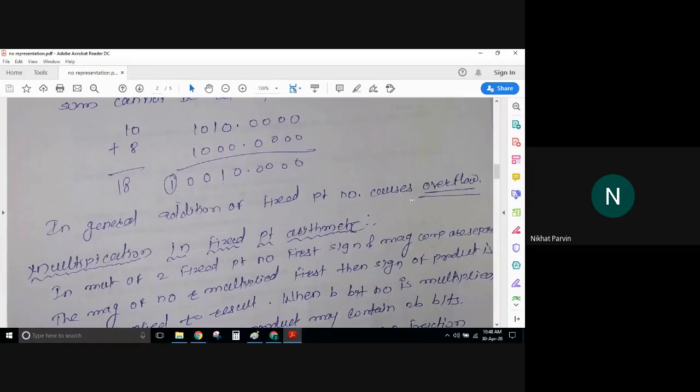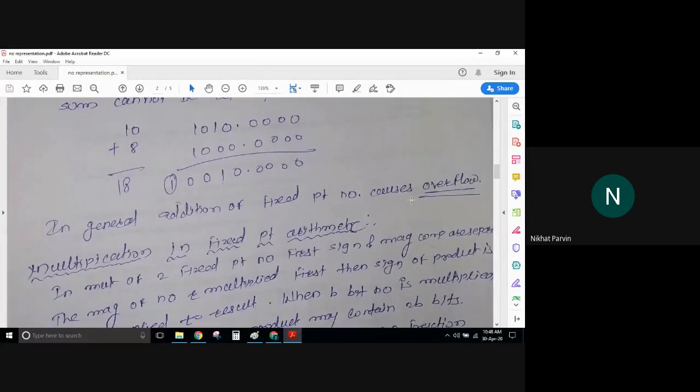The magnitude of the numbers gets multiplied first, and then the sign of the product is determined. The way you do multiplication in ordinary binary arithmetic, you take out the magnitude parts and sign parts, perform the multiplication of the magnitudes, and then the product is determined. And the sign is applied to that result.